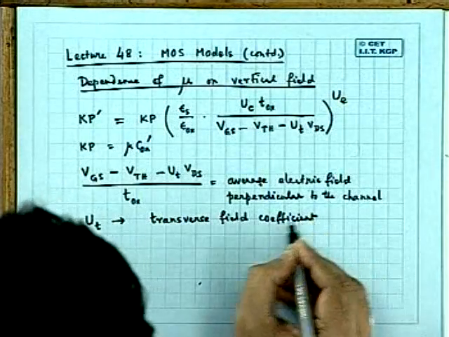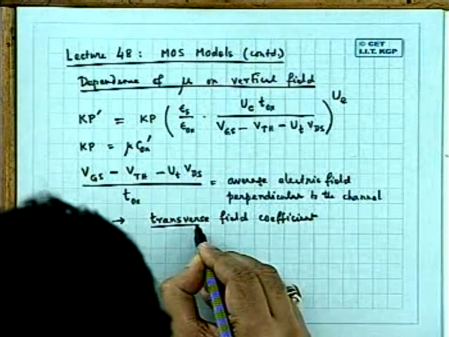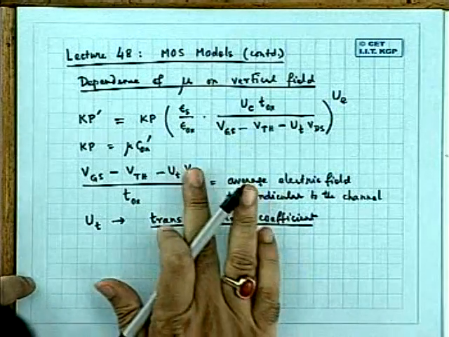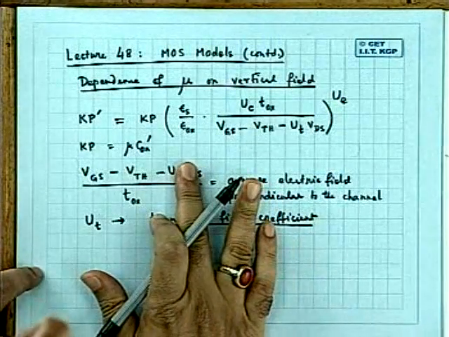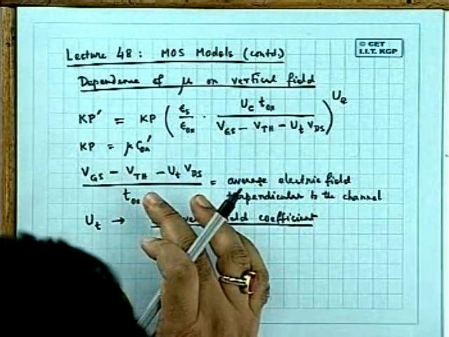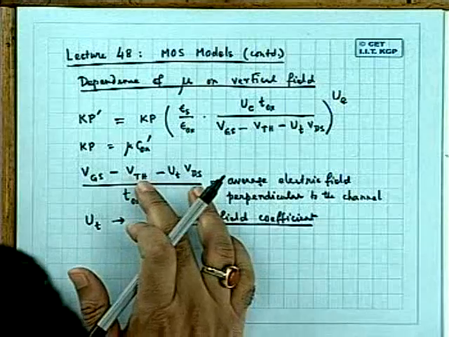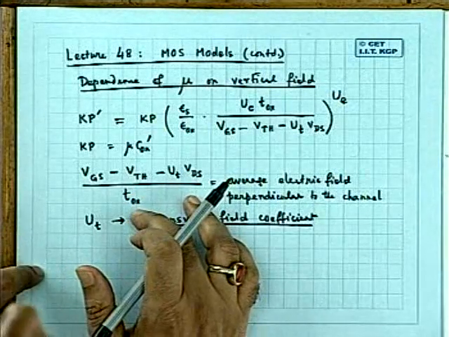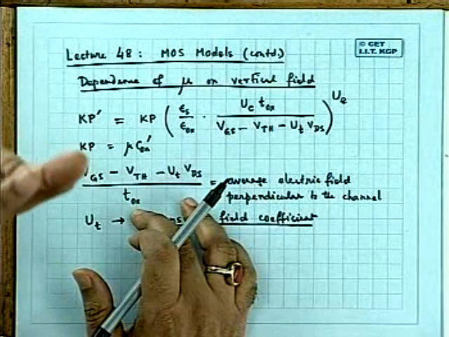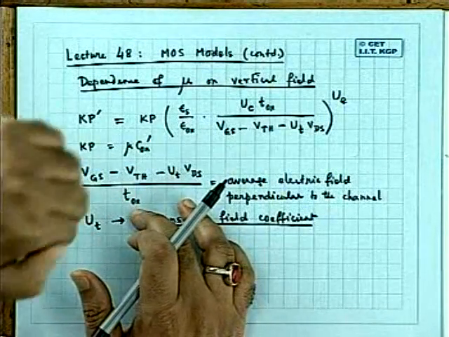This is a SPICE parameter. If you neglect the effect of VDS, then the normal component of the electric field is nothing but VGS minus VTH divided by TOX. That is the field over the semiconductor.